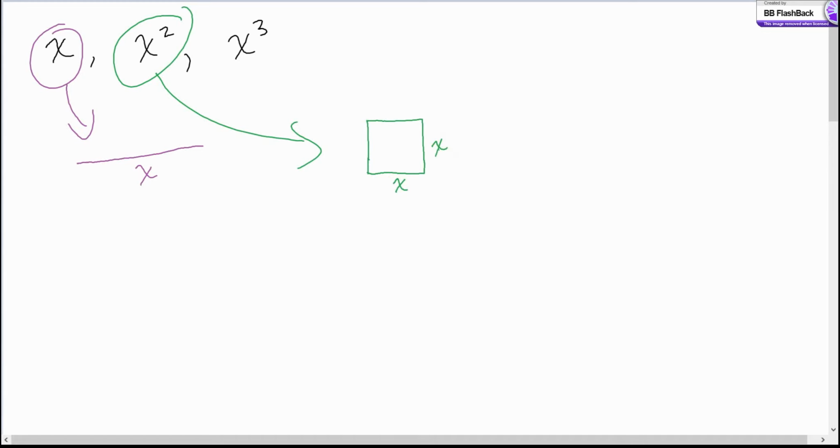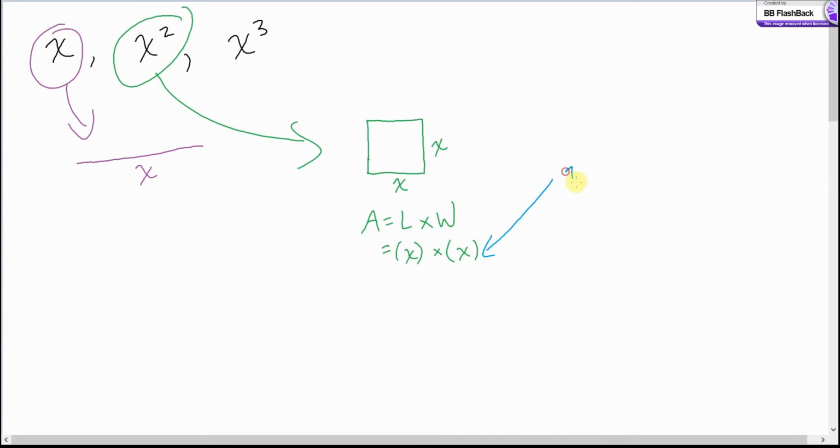You probably remember from past years that the area of this would be length times width. In this case, it's x times x. It can be a little bit confusing to have x's and times together.